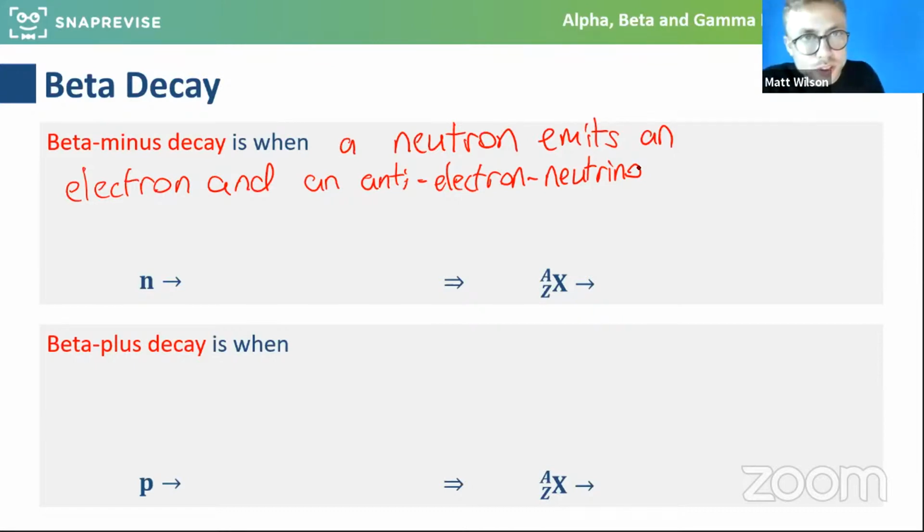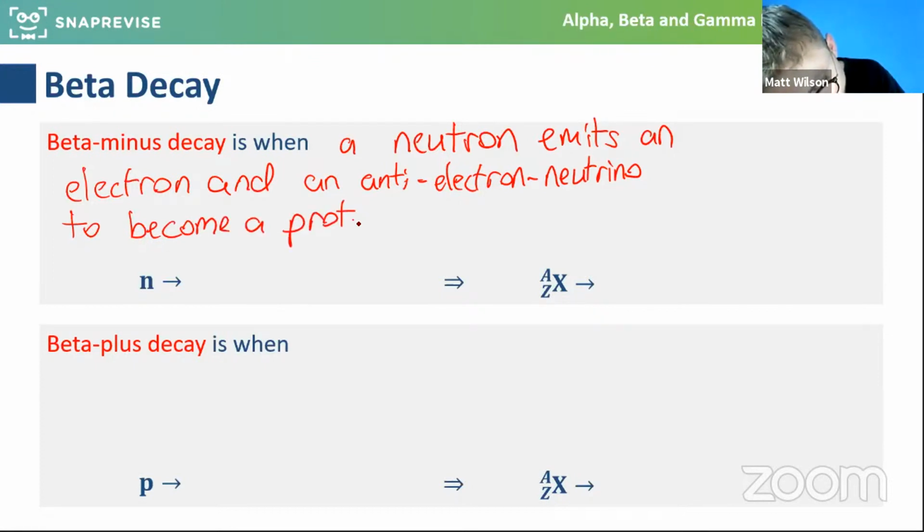Sounds complicated in words. To become a proton. So we have a neutron, it wants to become a proton.